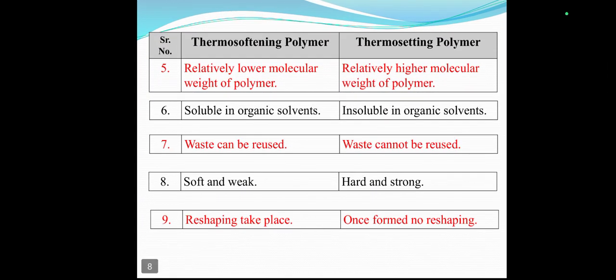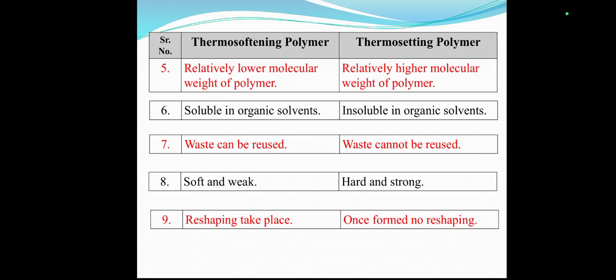Then thermosoftening type of polymer has a low molecular weight and setting type has a high molecular weight. Thermosoftening polymer is soluble in organic solvent and setting is insoluble in organic solvent.